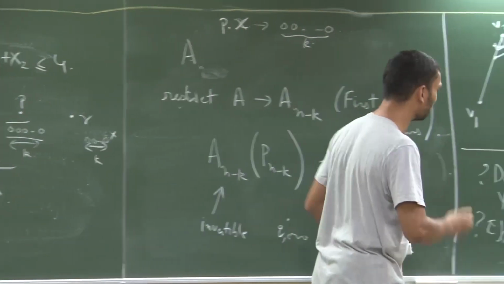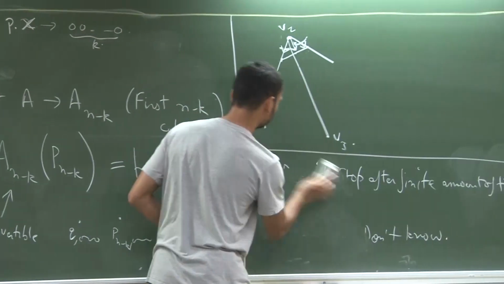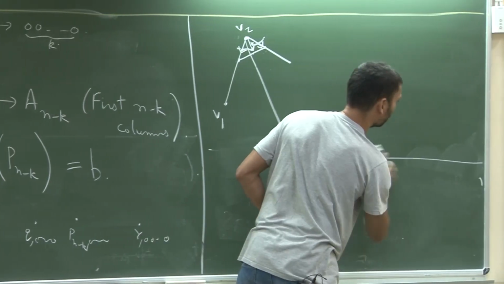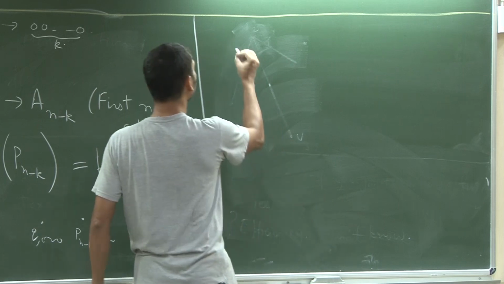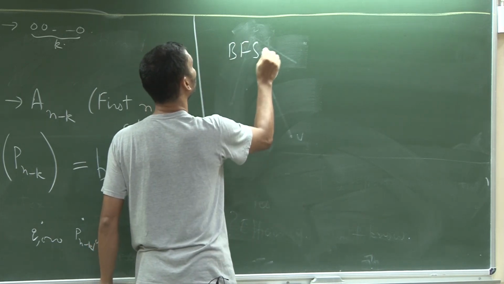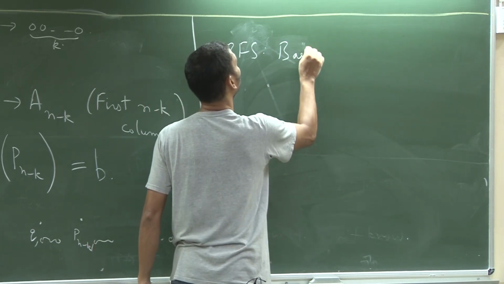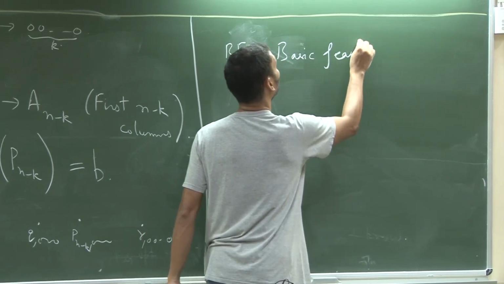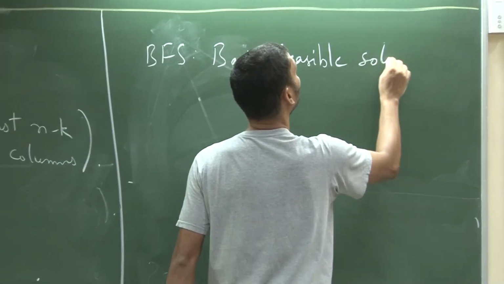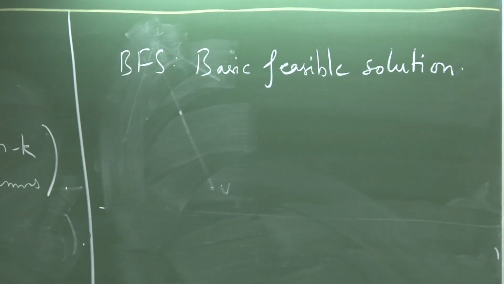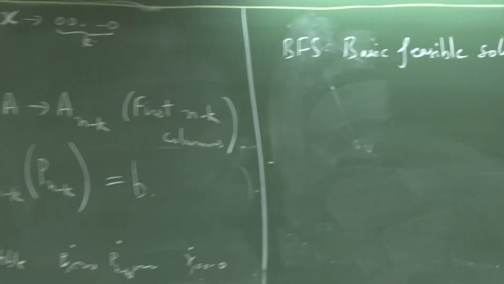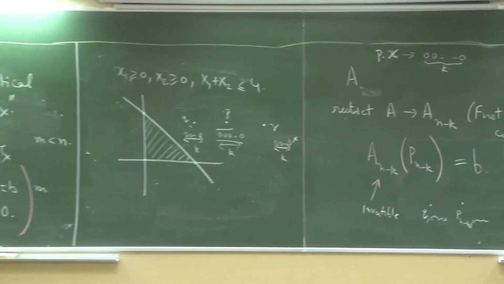With this intuition, now let's define a vertex. Actually, I will not define a vertex, I will define what is called a BFS, and then we will show that a basic feasible solution is a vertex.